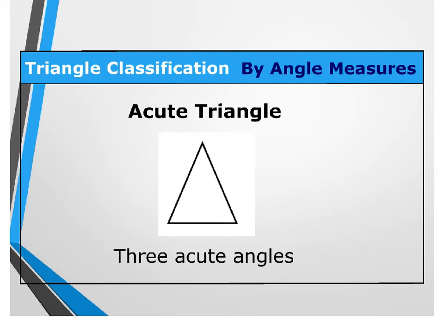Now here's the classification by angle measurements. Looking at all of the angle measurements in our triangle, all of these angles are less than 90 degrees. When all of our angles inside our triangle are less than 90 degrees, that means we have 3 acute angles, and we call this an acute triangle.